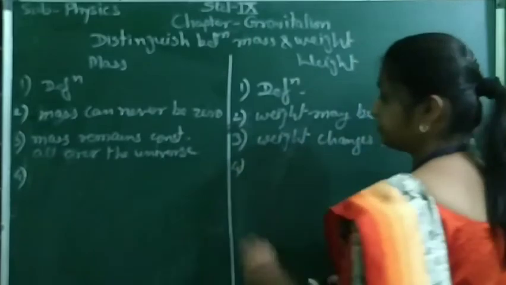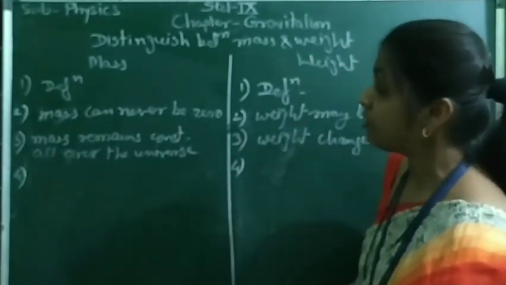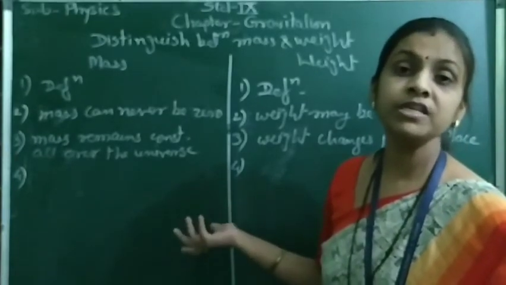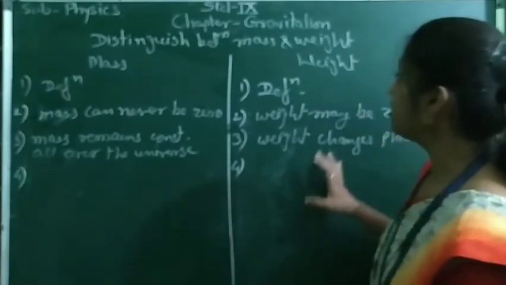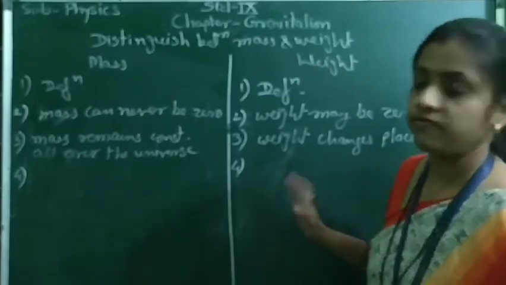Then fourth, mass of an object is independent of external factors, that is speed, velocity, acceleration, force, volume, etc. But weight of an object depends upon all these external factors.